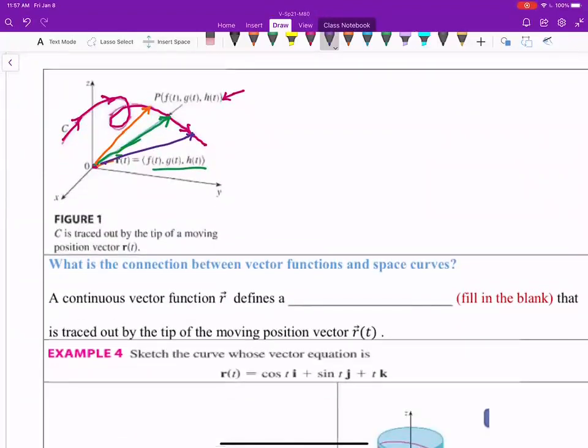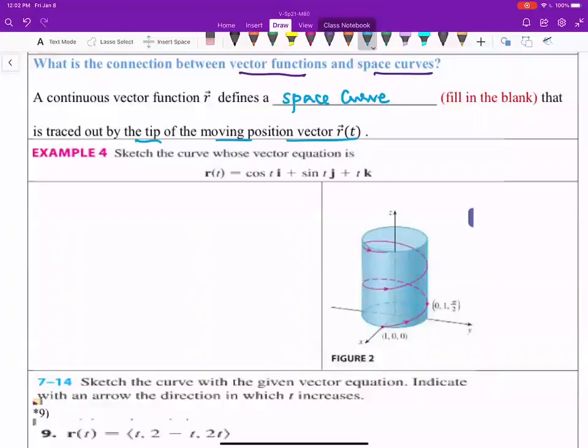What is the connection between vector functions and space curves? A continuous vector function R defines a space curve that is traced out by the tip of the moving position vector R of t. Let's take this example.